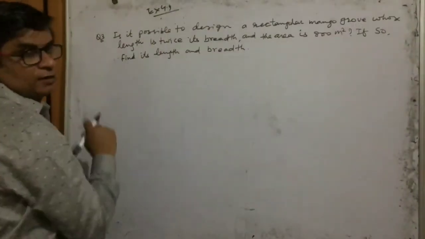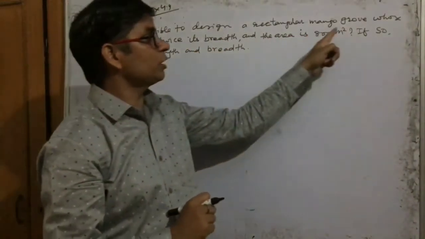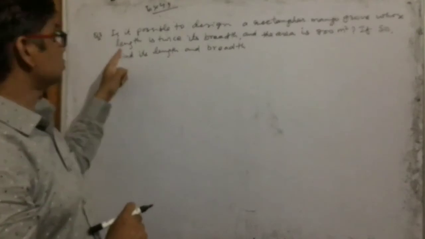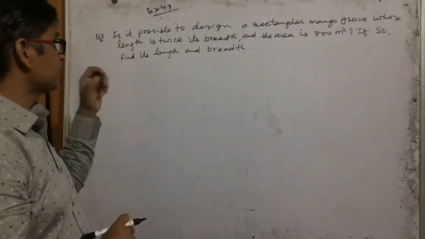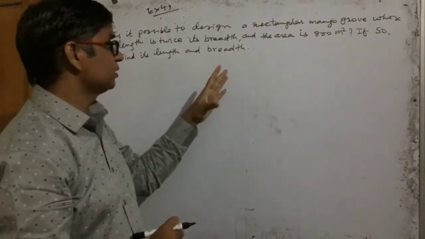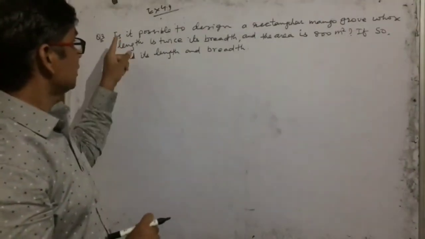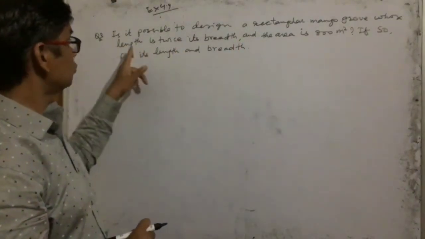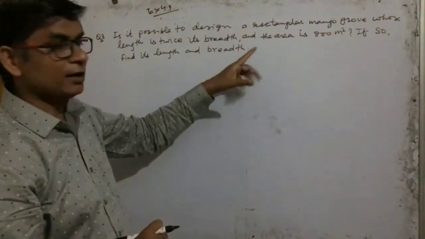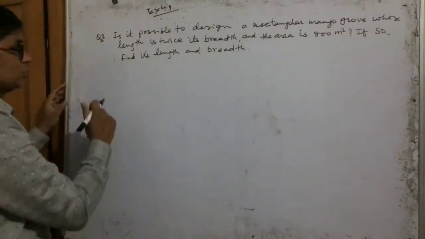Is it possible to design a rectangular mango grove whose length is twice its breadth and the area is 800 meters square? If so, find its length and breadth. We have to find whether it is possible.